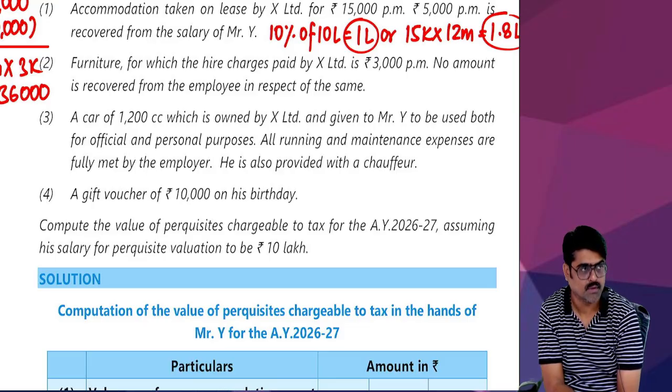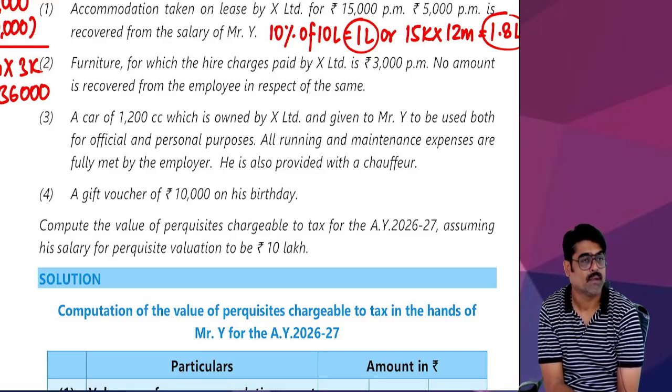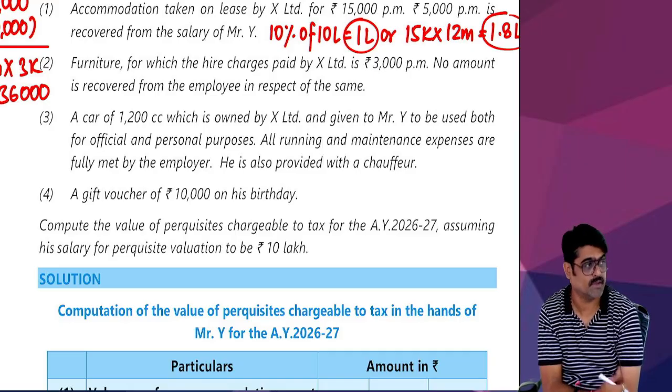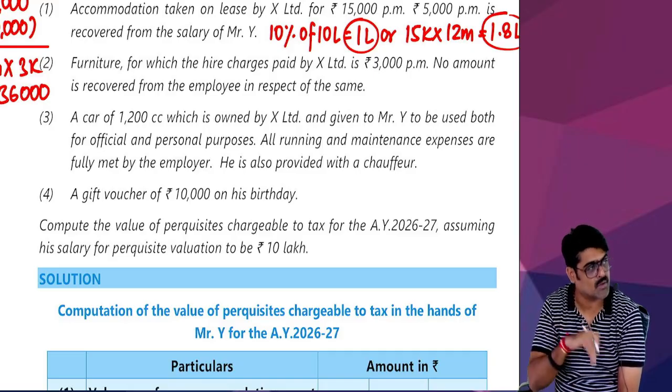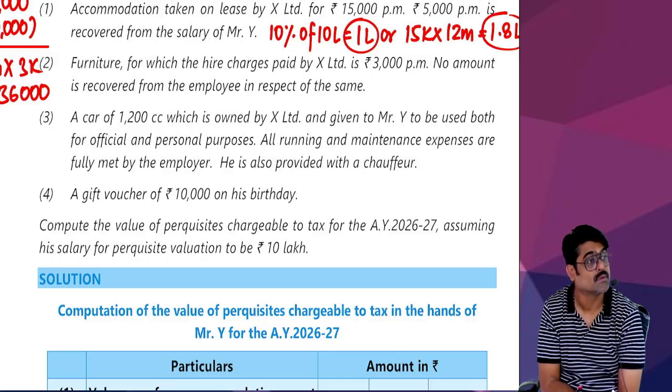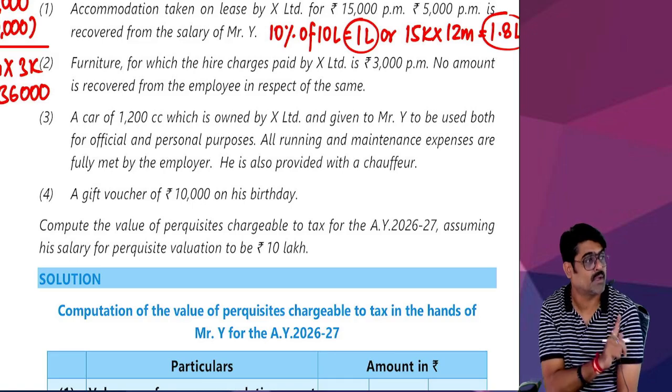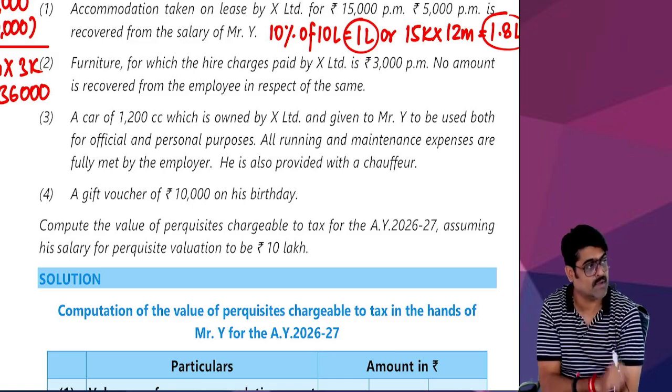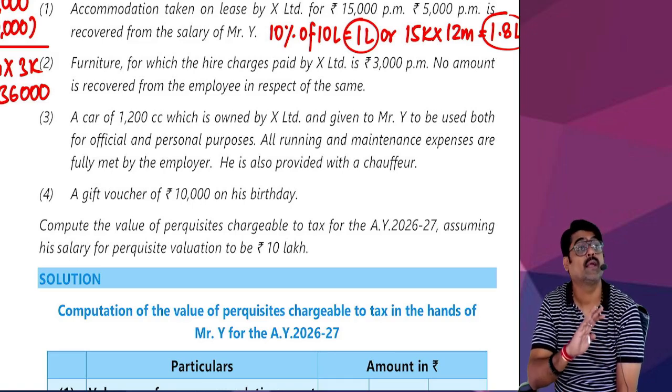Excellent. So, tell me one thing. Whose car is there? Company's car. Company has taken the car on rent or own car. So 10% per annum of the actual cost of that car plus the expenses.